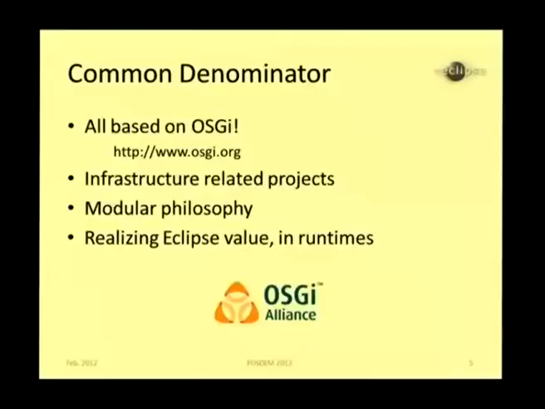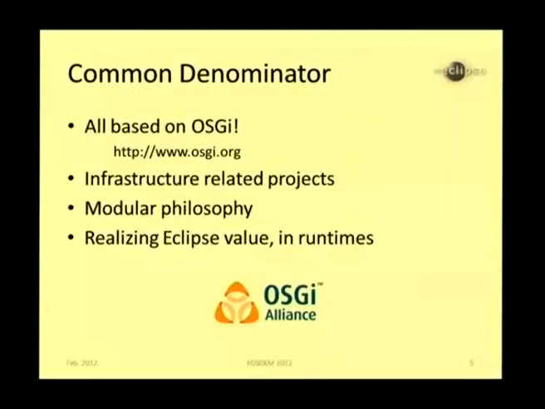So there's one common base that all those frameworks have in common, and that's they are all based on OSGi, or they run with OSGi. I mean, there are some frameworks like Jetty and EclipseLink that you can run just without OSGi in a Java EE environment, but they also run in an OSGi environment. And that's the idea, the modularity, the philosophy behind all these projects, that you can just pick the stuff that you like and put it together in a way that you need for your applications, for your systems, right?